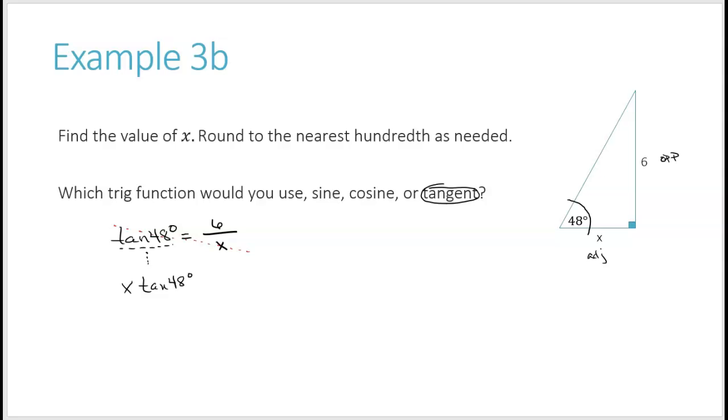Now that is going to be equal to, when I multiply in that opposite direction along the other diagonal, 6 times 1, which is just 6. Okay, now how do I get my x all by itself? Well, right now x is being multiplied by the tangent of 48 degrees, so we have to divide on both sides by the tangent of 48 degrees.